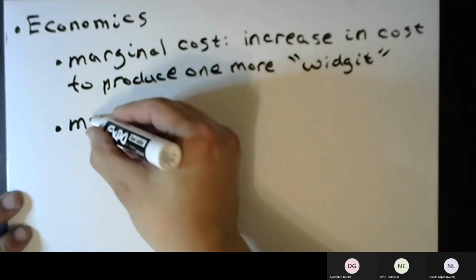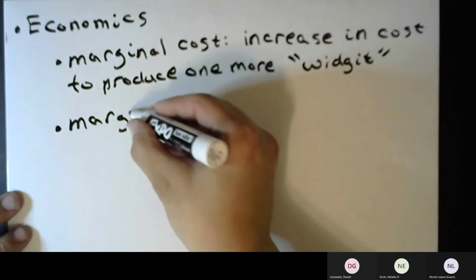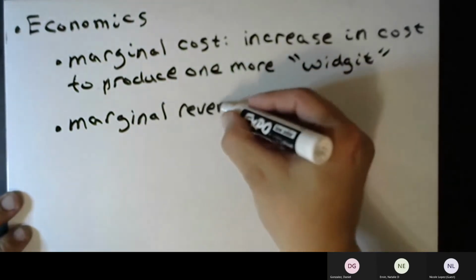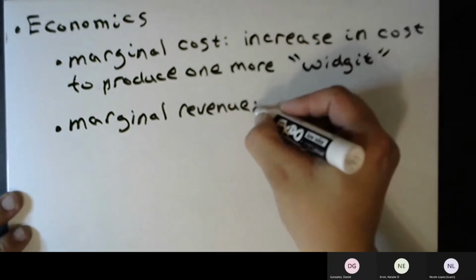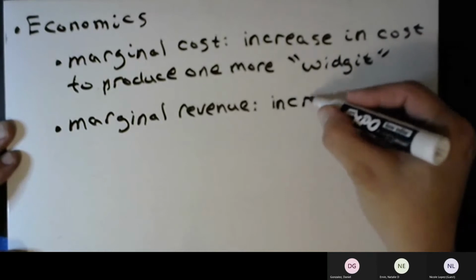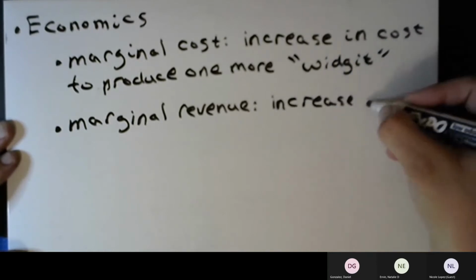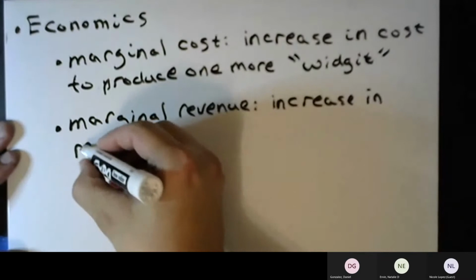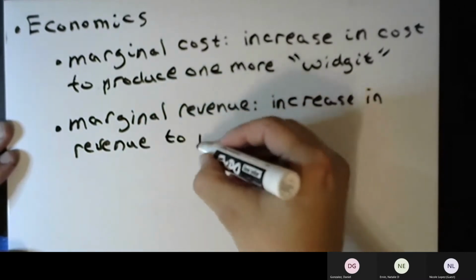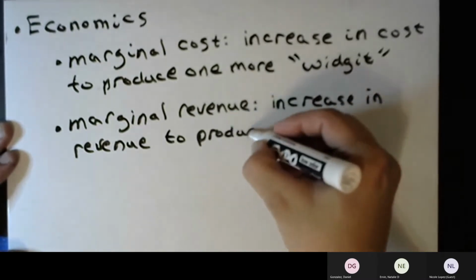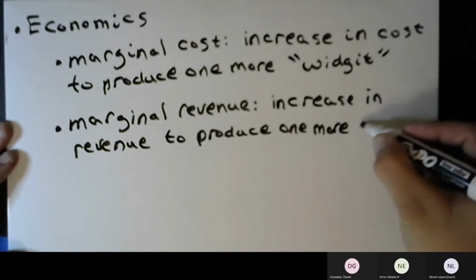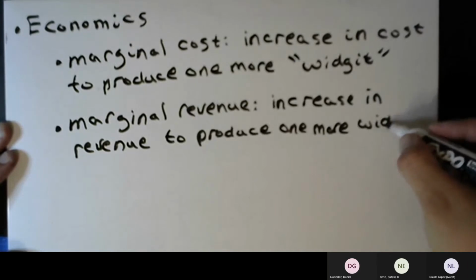We have marginal revenue. And so this is the increase in revenue to produce one more widget.